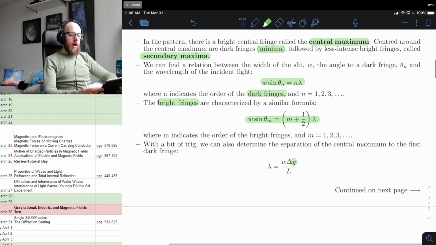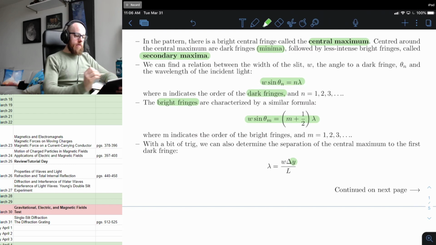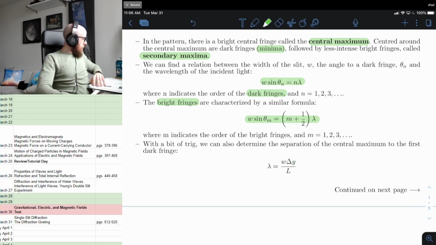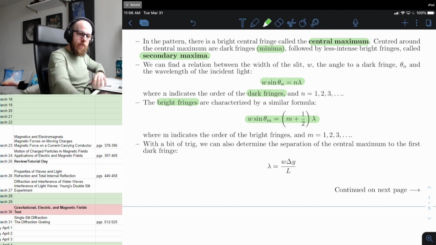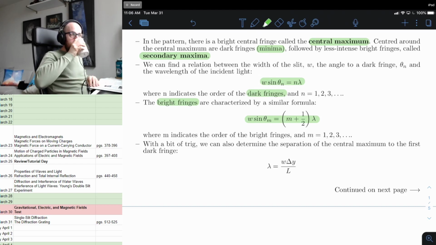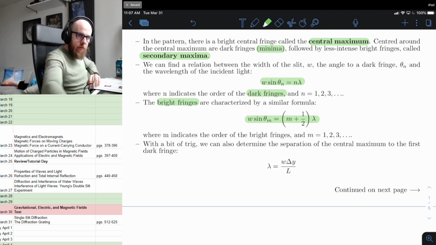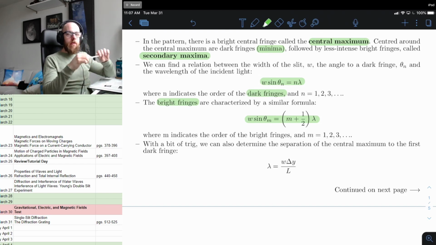Does everyone have these formulas jotted down? Take a second. Take your time. I actually forget if I posted this.